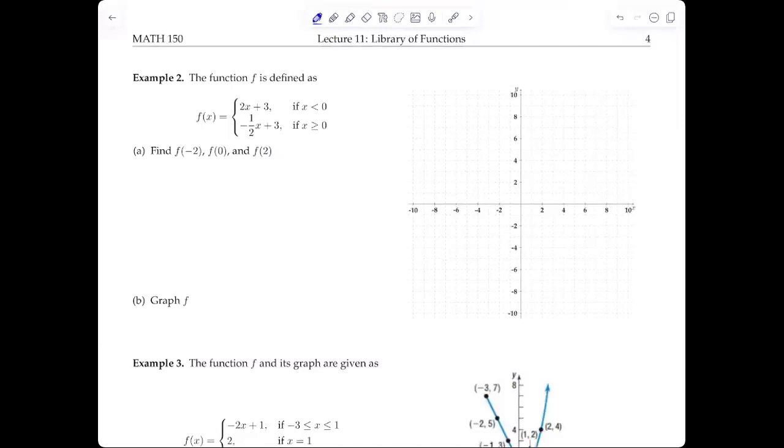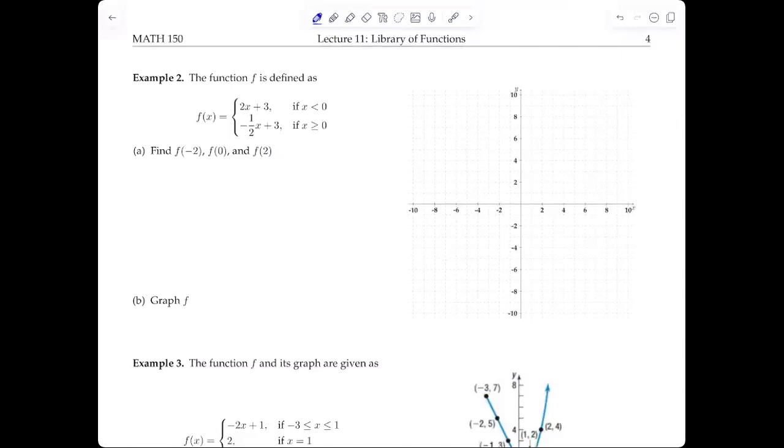Okay. So for the first calculation, f of -2. So x is equal to -2. So the input is -2. Because x is equal to -2, you have to use the first function 2x plus 3 for the evaluation. You with me on that? Because the function is 2x plus 3 when x is less than 0. In this case, yes, x is -2, which is less than 0.